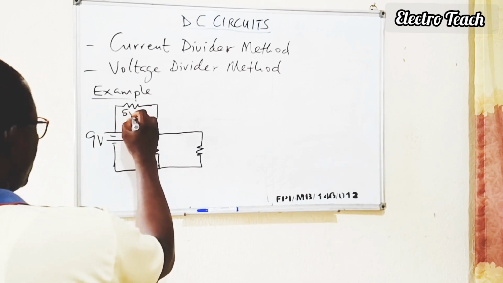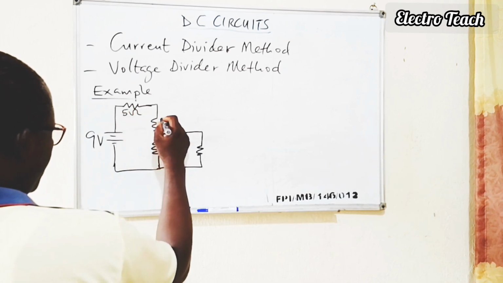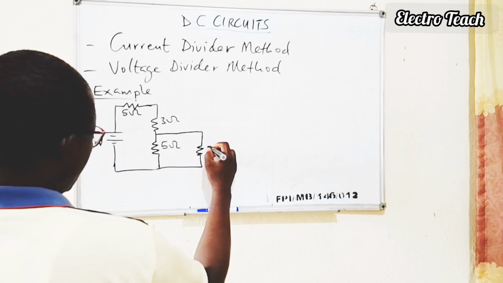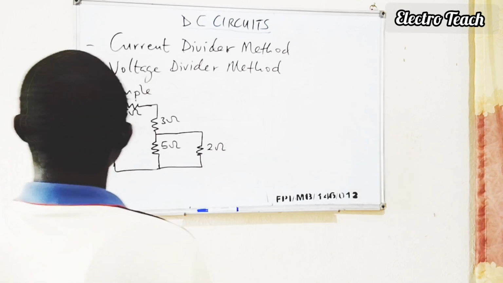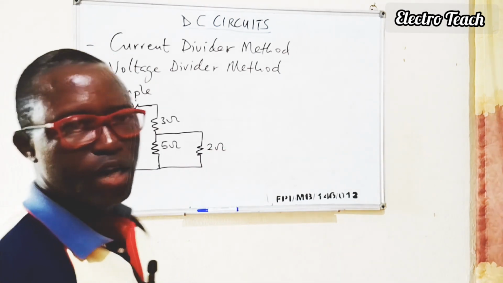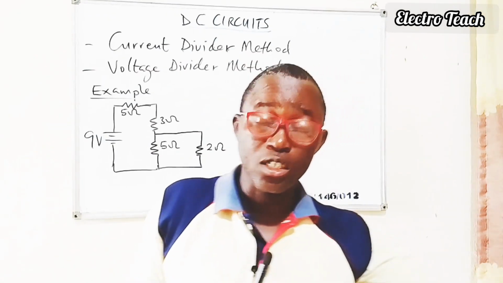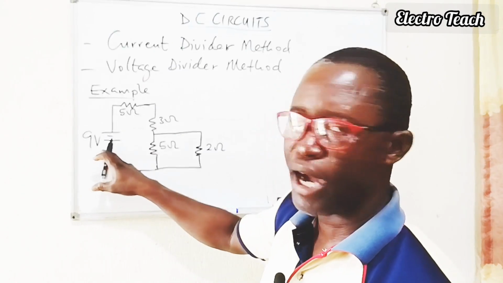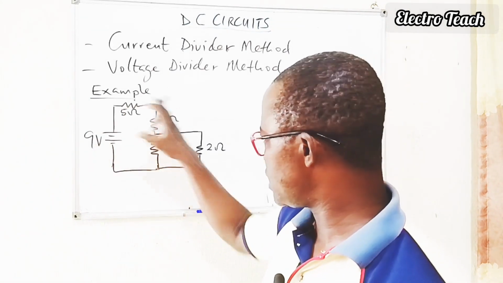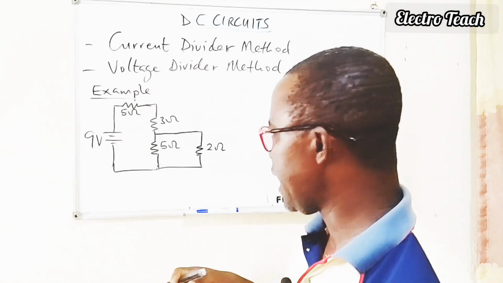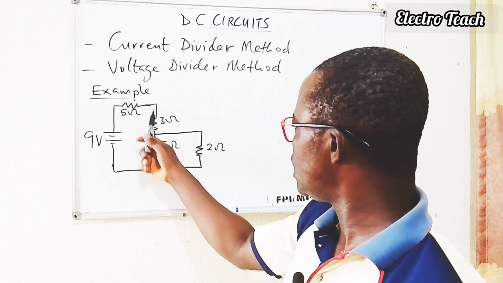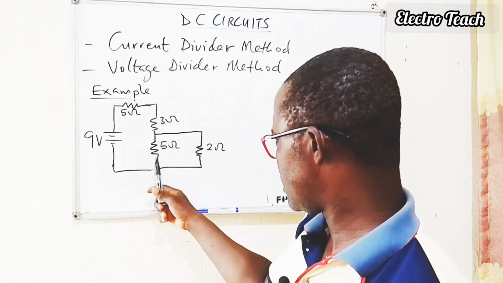So we have 5 ohms here, we have 3 ohms, we have 5 ohms here, and we have 2 ohms here. Now, part of our job here is to determine the total current supplied by the potential source to the entire circuit. Then, we want to also determine the voltage on each of these resistances.